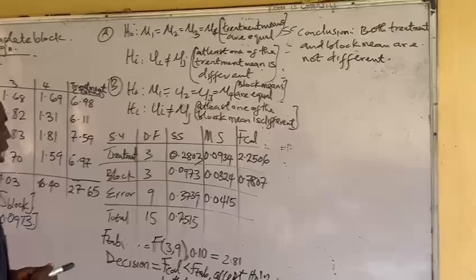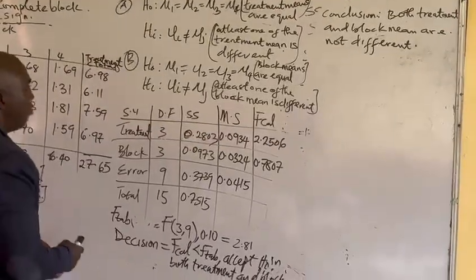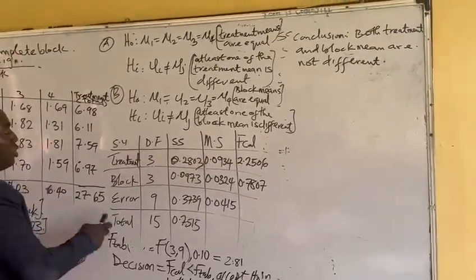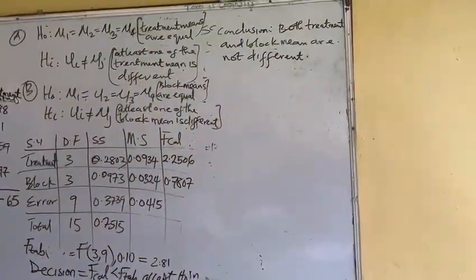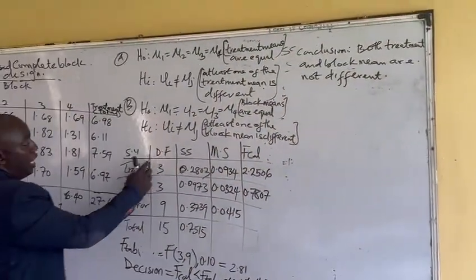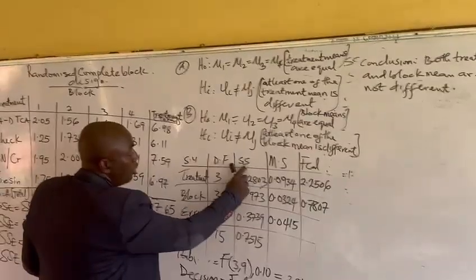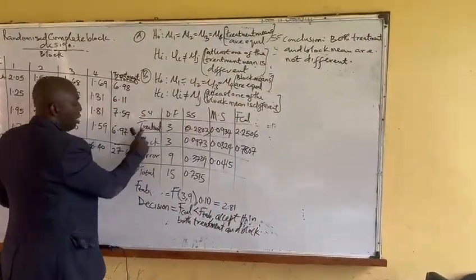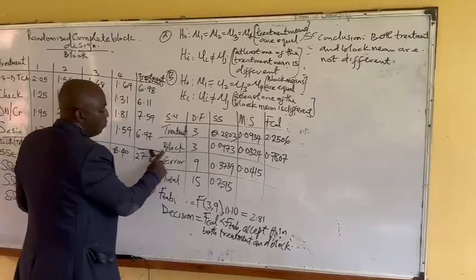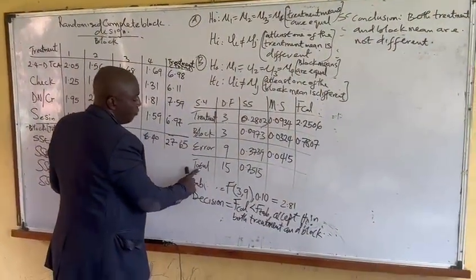Then we come to our ANOVA table. We know that in the ANOVA table, the first thing to write is the source of variation. Here we have source of variation, degree of freedom, sum of square, mean sum of square, F calculated. Here we have treatment, block, error, and total.